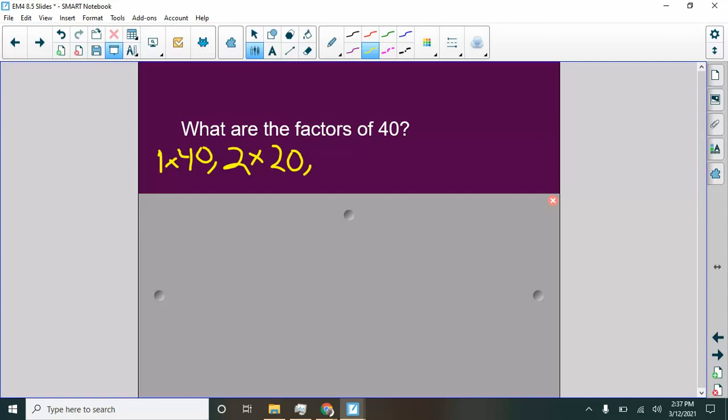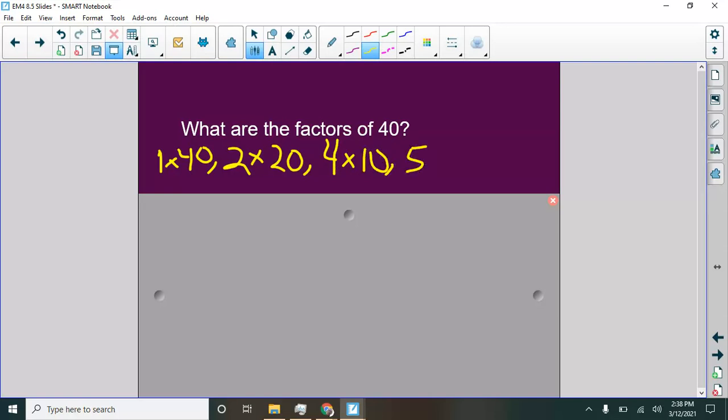How about 3? If I count by 3s, let's see. 3, 6, 9, 12, 15, 18, 21, 24, 27, 30, 33, 36, 39, 42. Nope, I did not say 40, so 3 is not a factor. 4 is 4 times 10, right? 5 works too.